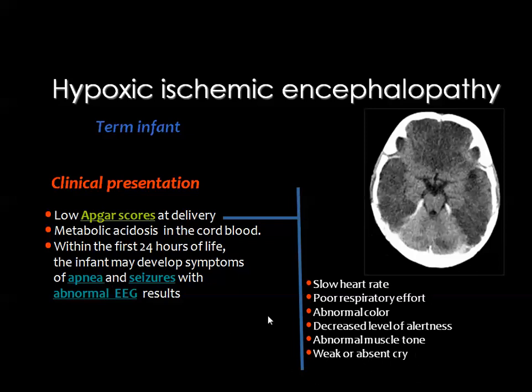Then there may be metabolic acidosis in the umbilical cord blood sample, and the patient early in his life will develop seizures and abnormal EEG results.